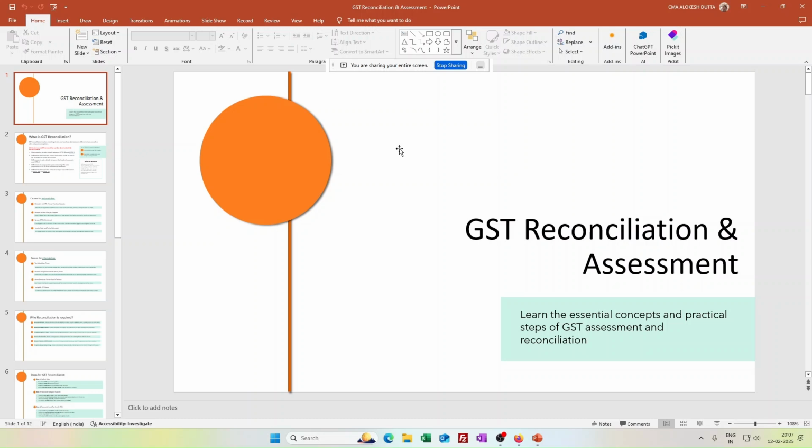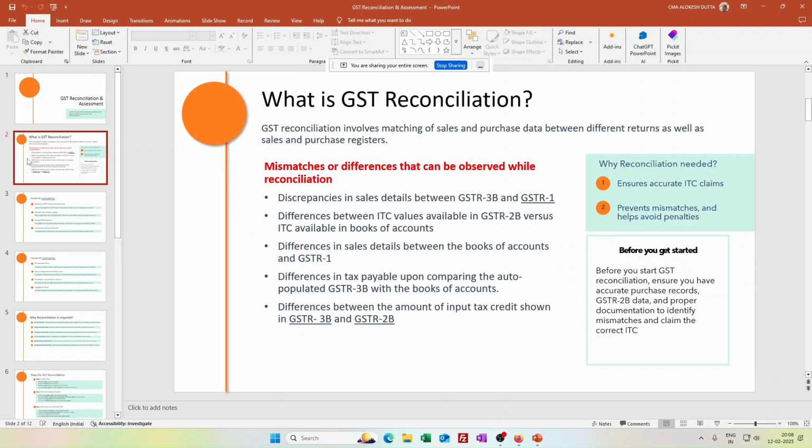Now, how to reconcile in GST? What is reconciliation? The reconciliation means matching of the sales and purchase data with the different returns. Where did you get that sales and purchase data from? From your books of accounts, purchase ledger, sales ledger, Tally accounts, or if you keep manual accounts, you have to keep the data with that.